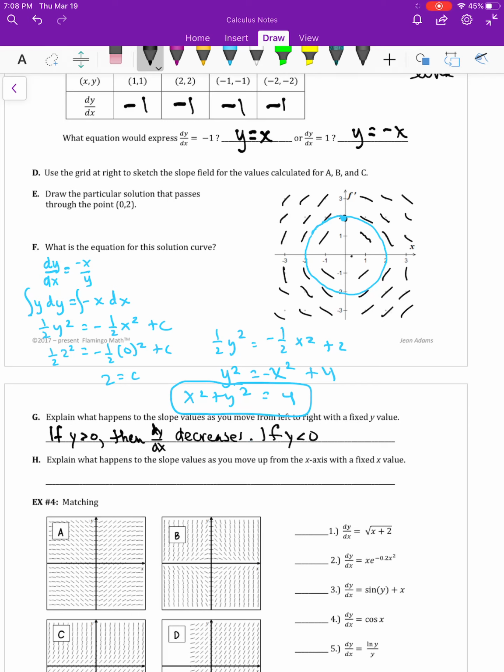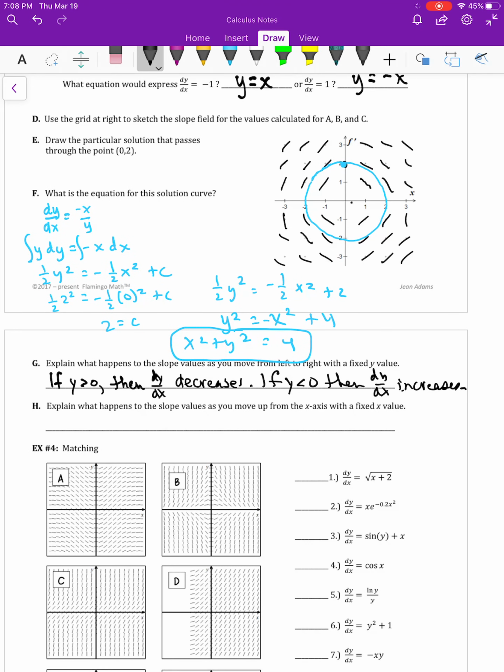If y is less than 0, then dy/dx increases. And explain what happens to the slope values as you move up from the x-axis with a fixed x value. So dy/dx is undefined at the x-axis and decreases as you move up.